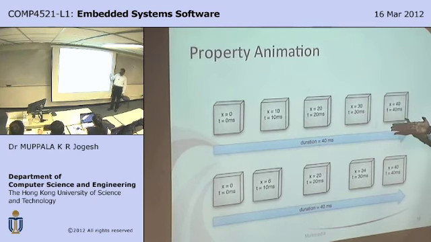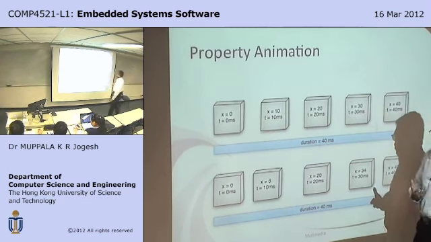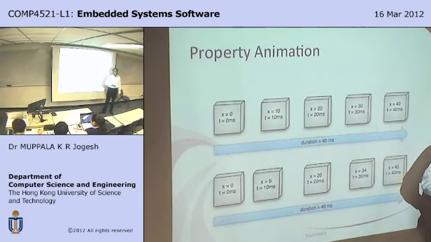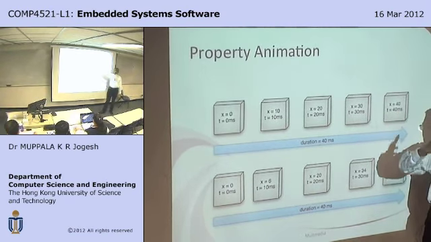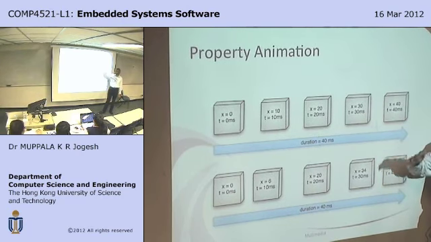You can say that over this duration, this change will be linearly happening. That is a very straightforward thing to do, but sometimes you may want something to quickly change and then reduce. So some kind of a non-linear effect.